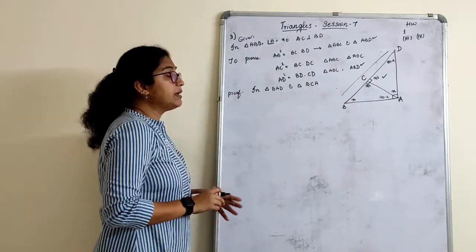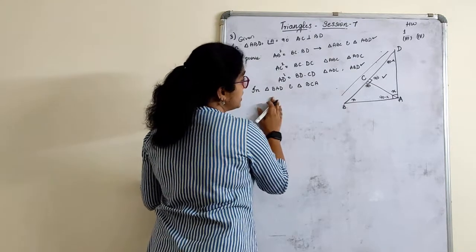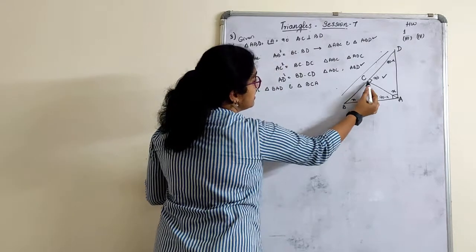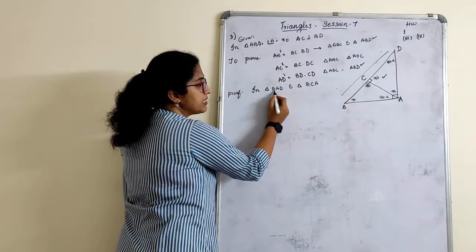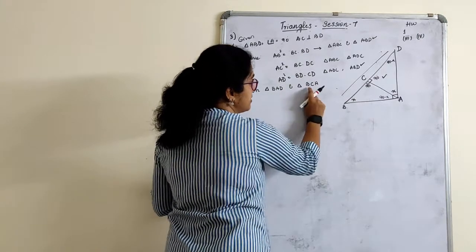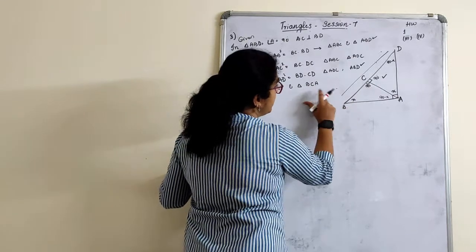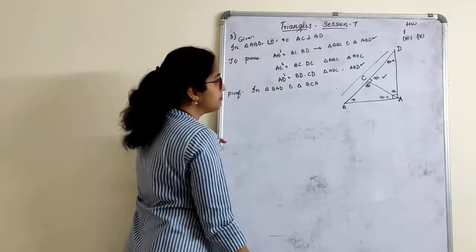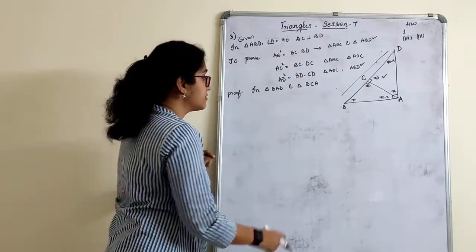Not compulsorily, but if you do that, it is well and good. So in triangle BAD and triangle BCA, I have chosen such a way that in BAD, B is angle x, A is the whole angle 90, D is 90 minus x. Just see here. And in triangle BCA, B is also x again, C is 90 here and A is 90 minus x, right? Choose vertices in that way only, always.